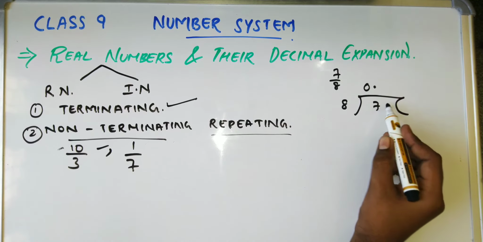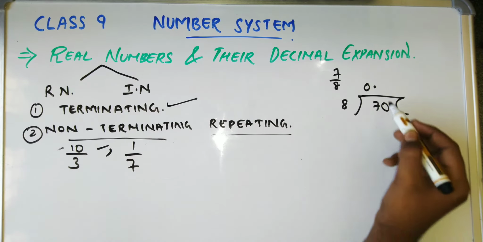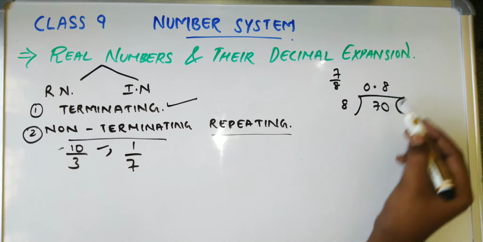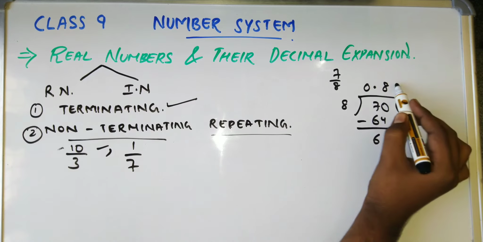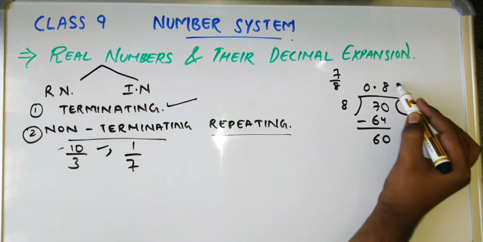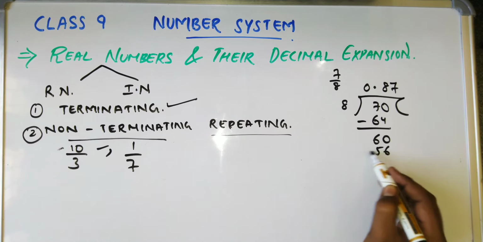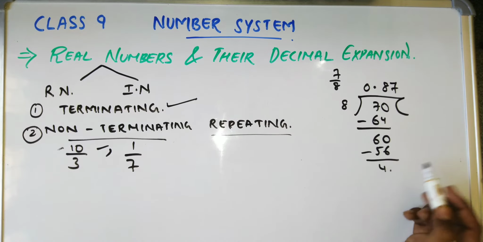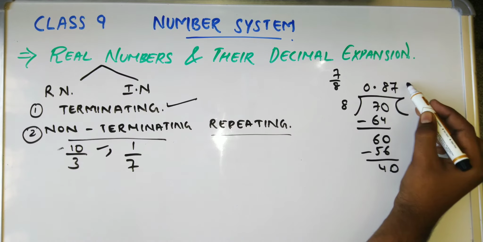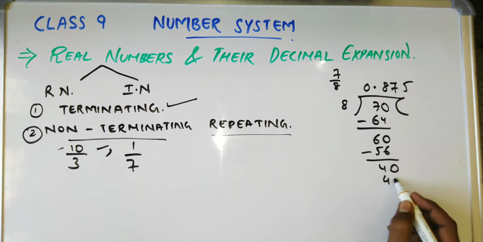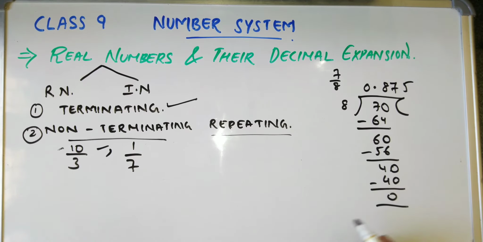I'll put one 0 here, 70. 8 8s are 64, subtract, you get 6. Again I'll put one 0, 8 7s are 56. Again 4, I'll put one 0. 8 5s are 40. So I am getting remainder as 0.